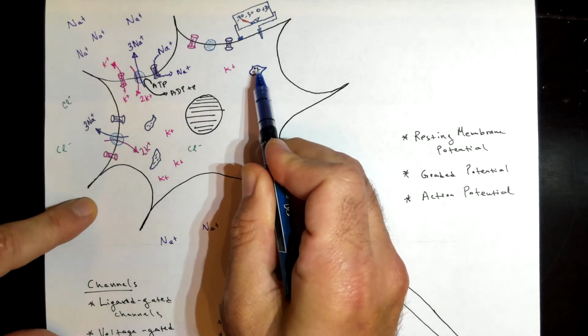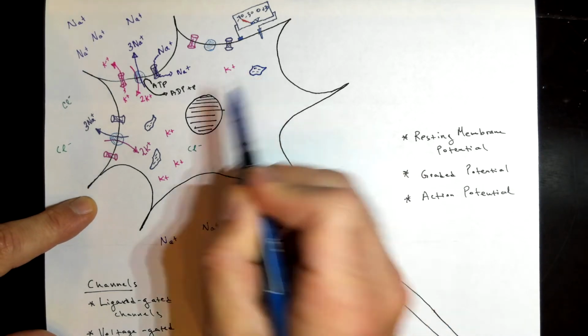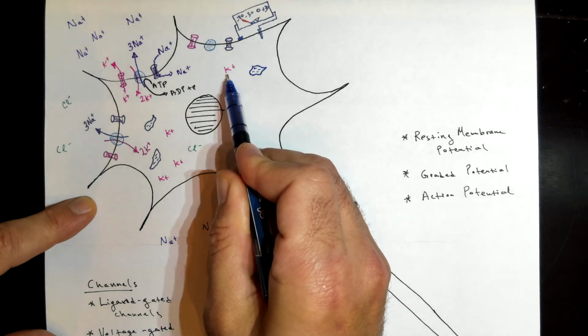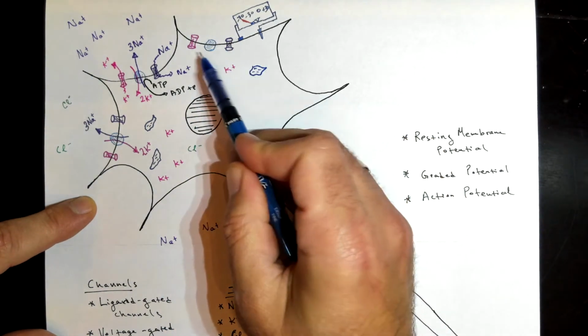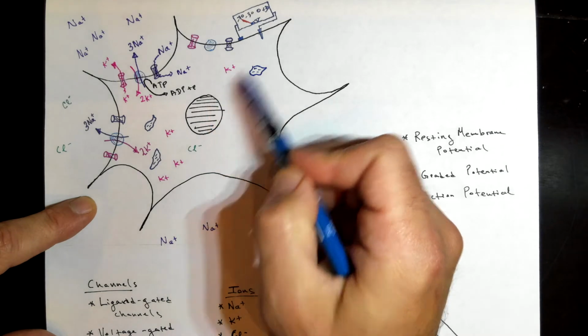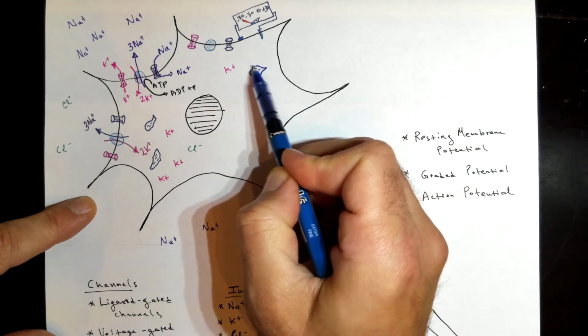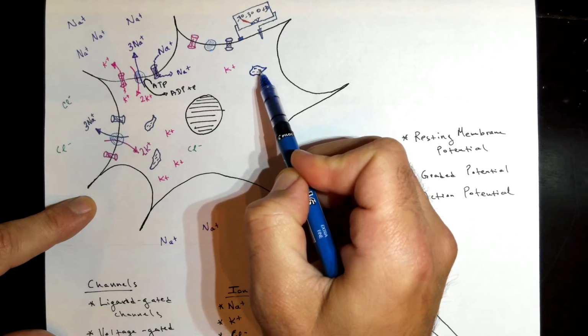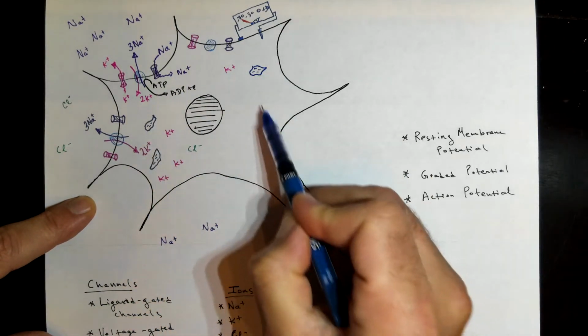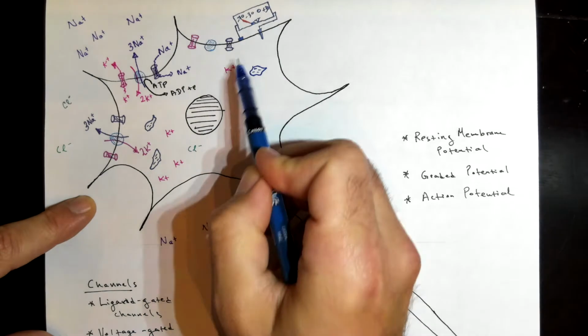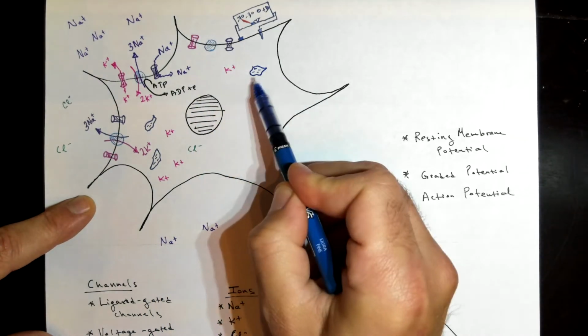Now, proteins are much, much bigger than ions. So whereas ions can leak through channels and move across the membrane, proteins cannot. So this protein is going to be intracellular, and that makes sense because after all, cells make protein.